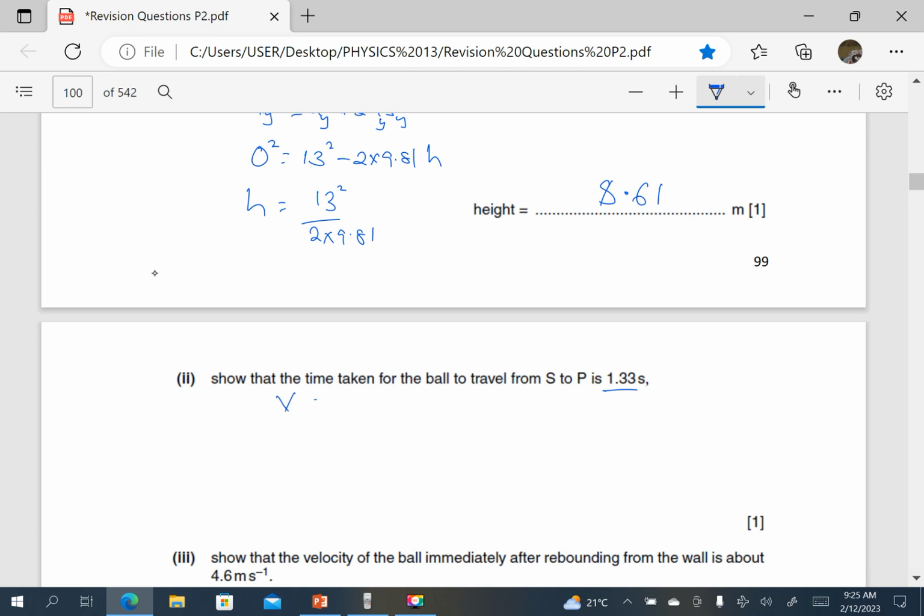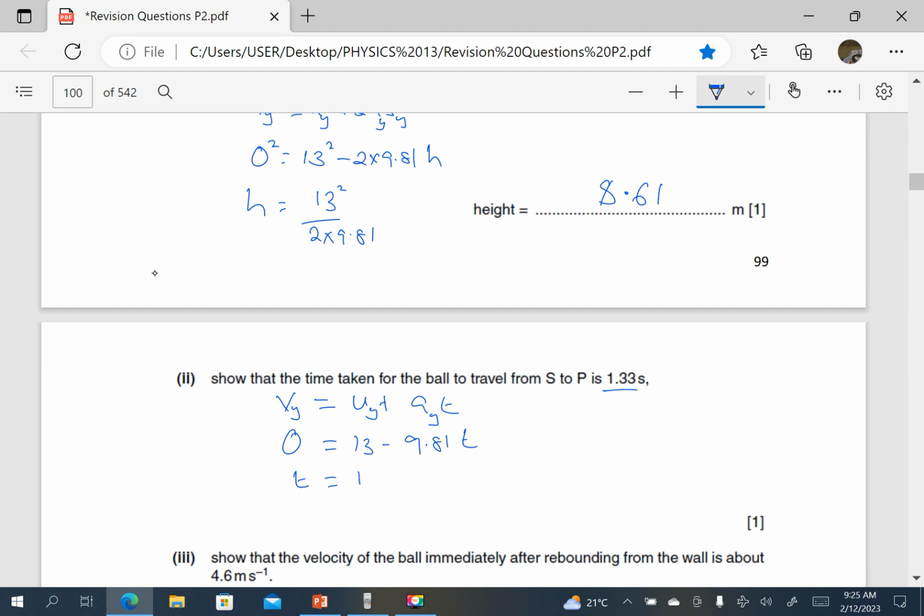Velocity in the vertical is equal to initial velocity plus acceleration times t. So I'm considering vertical motion. At the highest point P, velocity is 0. Initial velocity in the vertical, we saw it was 15 sine 60, which was 13, minus acceleration, 9.81, times t.